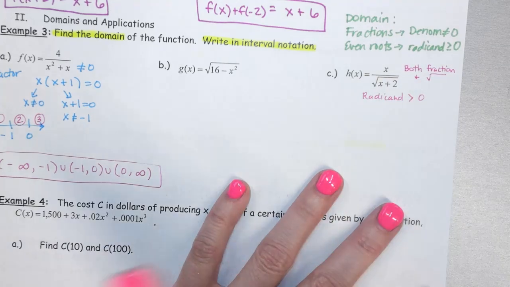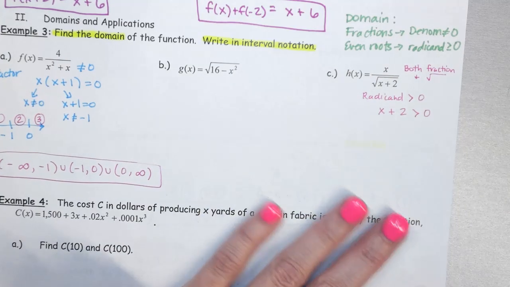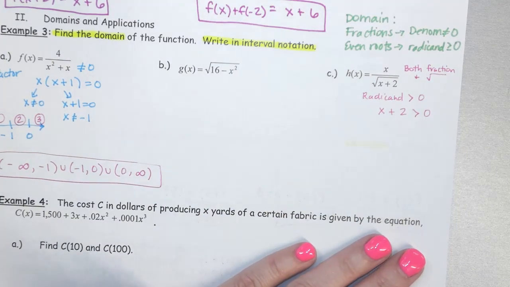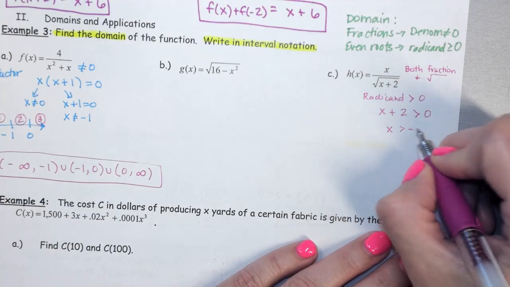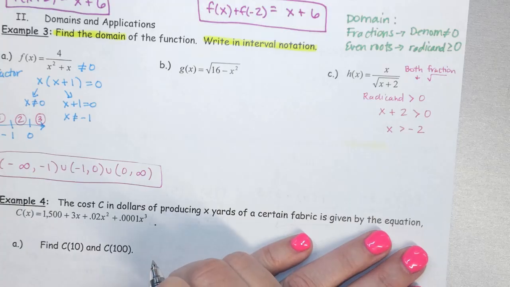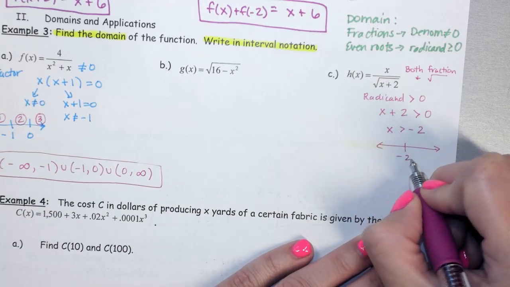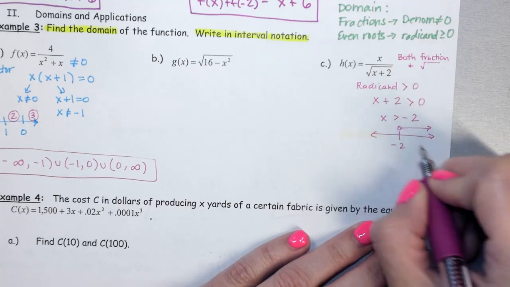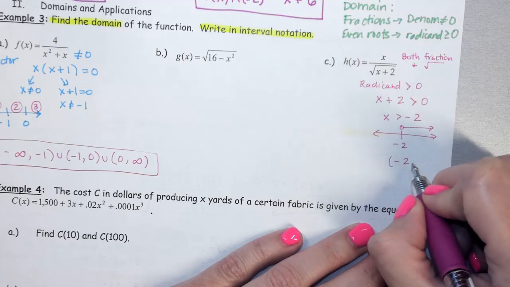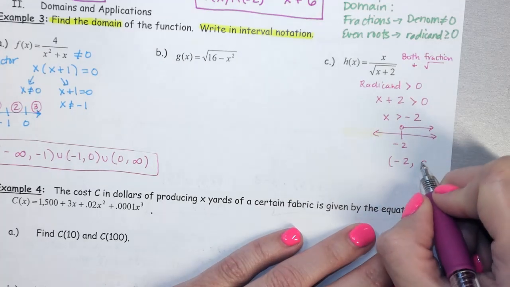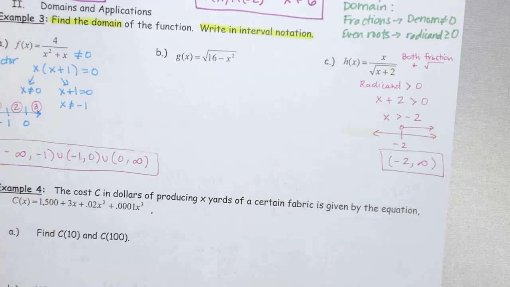If it's both, it won't be equal to anymore. So it's just x plus 2 is greater than 0. Can't be equal to. So that means x is greater than negative 2. And then we just have to write that in interval form. Again, if you need to see the interval, the number line is helpful. So you can see it starts at negative 2, does not include it, and it goes to infinity. So that's going to be your final answer.